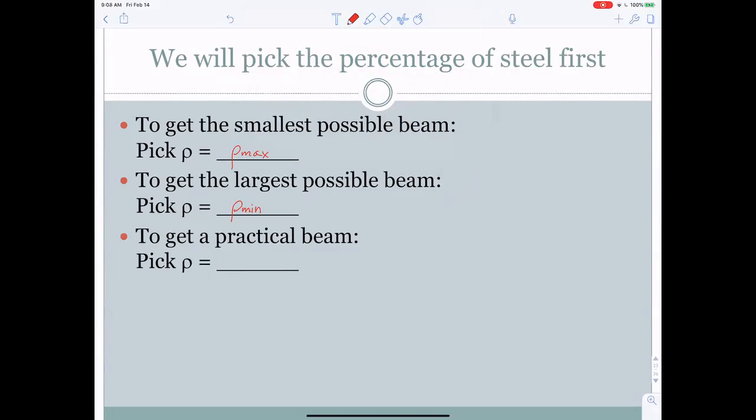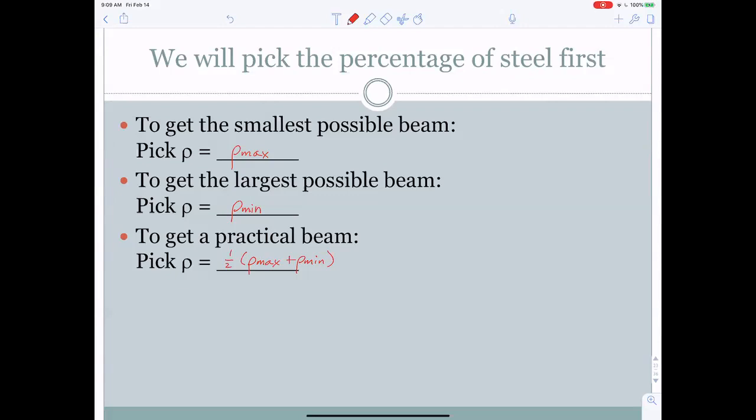And to get a practical beam, what I found to be practical is right in between, the average. That works out in most cases to be right in the middle, and that'll be practical. And by practical, I mean the steel will fit in the bottom of the beam and those sorts of things.